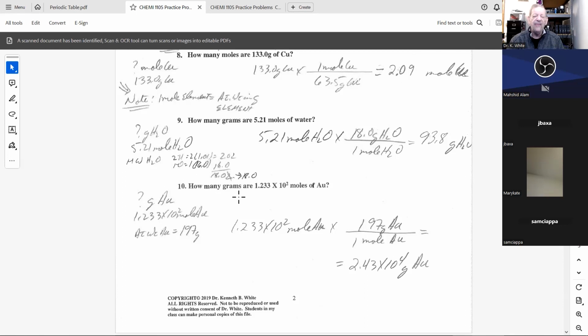Add it up. Now, remember, when you add things, you keep the same number of decimal places as the number that has the fewest digits to the right of the decimal. 2.02 has 2 places to the right of the decimal, 16.0 has 1.